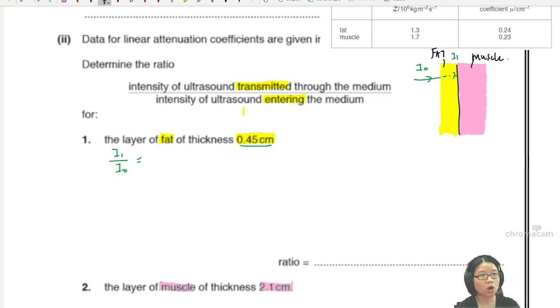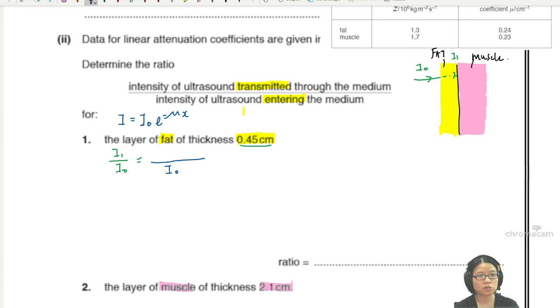All right, recall the equation for linear attenuation for ultrasound. I equals I naught e to the negative mu x, which is the same as for X-ray, by the way. Does that help you remember the equation better? All right, so the incident one is I naught, so I'm just going to keep this as I naught.